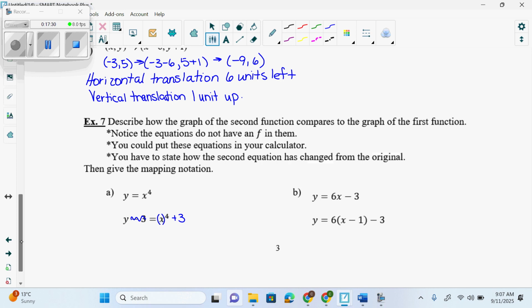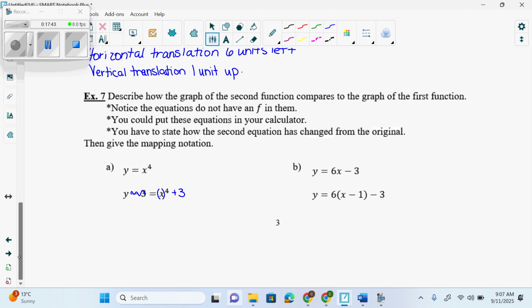So, describe how the graph of the second function compares to the graph of the first. Notice the equations do not have an f in them. You can put these in your calculator. You have to state how the second equation has changed from the original. Then give mapping. So if I do my words first, it's a vertical translation. It's y, so nothing ever changes.